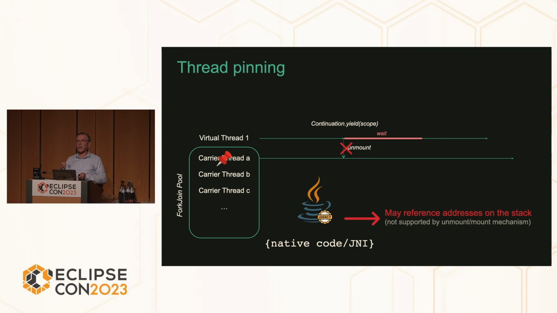There is a technical limitation currently. Maybe it will change in more or less time, I don't know. But for the moment, when you execute synchronized code, the carrier thread cannot be unmounted. The same happens when you call native code with JNI or a foreign function.